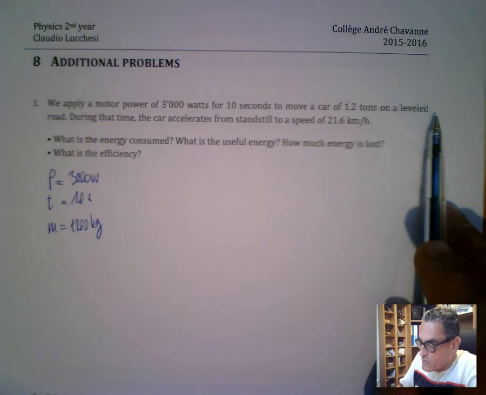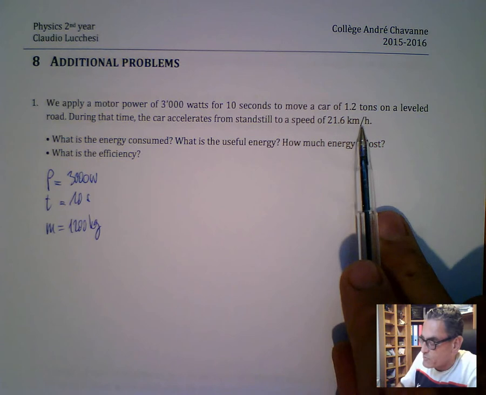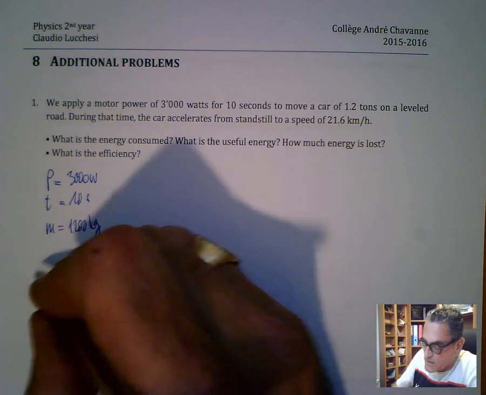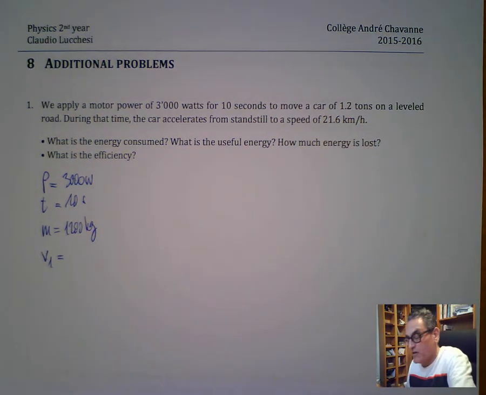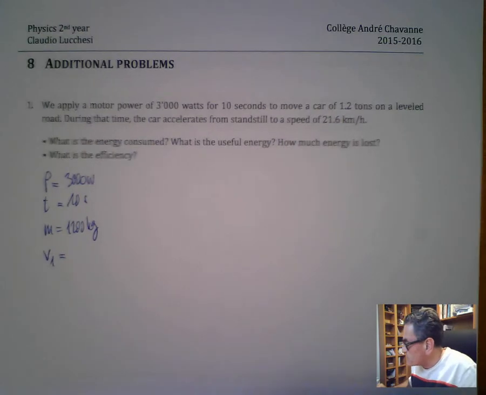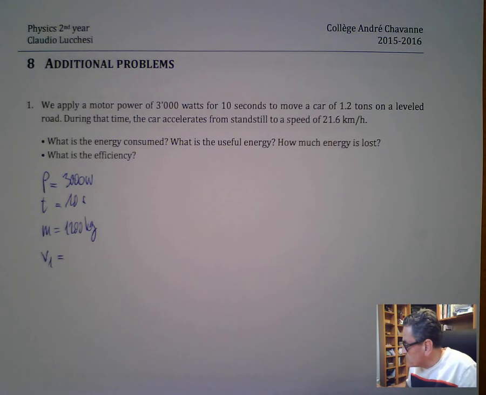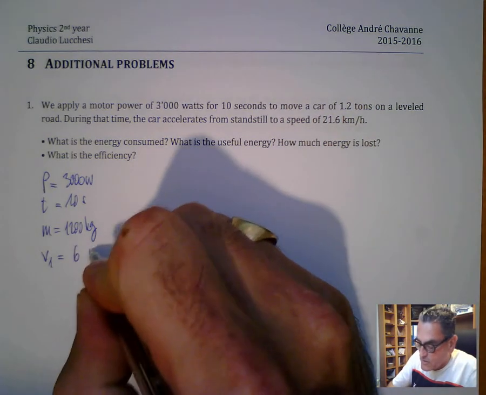The road is level and the car accelerates from standstill to a speed of 21.6 kilometers per hour. Let's immediately transform it by dividing by 3.6. 21.6 divided by 3.6 is 6 meters per second.